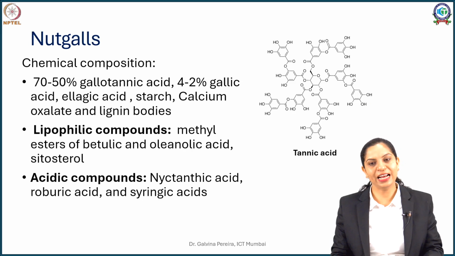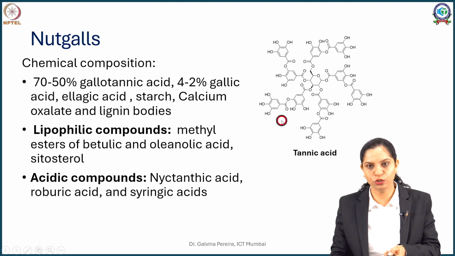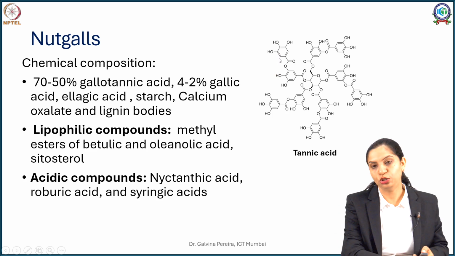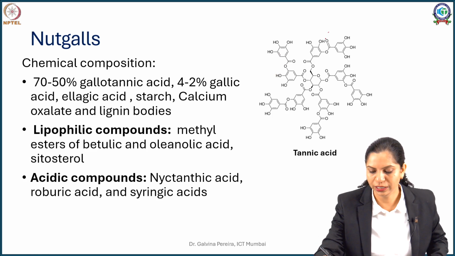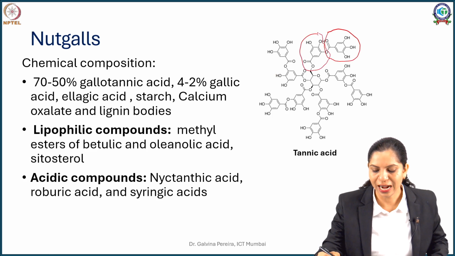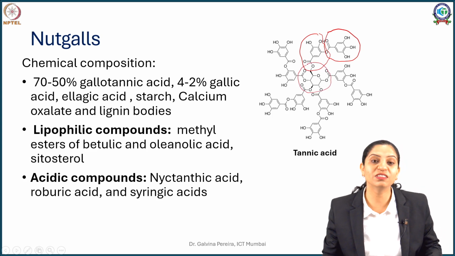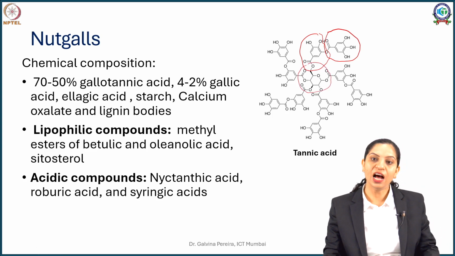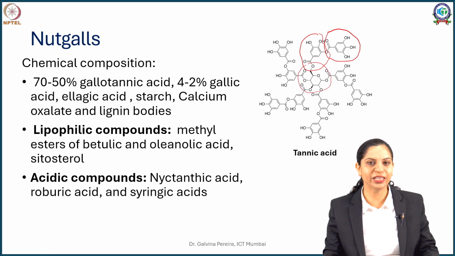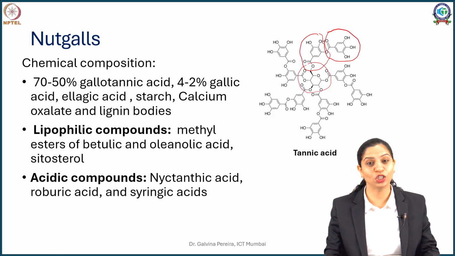Chiefly this gallic acid goes on polymerizing. So you can see here, I'll just show you with a pen. You can see here, these are gallic acid esterified with another molecule of gallic acid, and these are all attached to a central glucose moiety. So all these glucose moieties which the insect has produced are now esterified with the help of tannins, especially gallic acid.